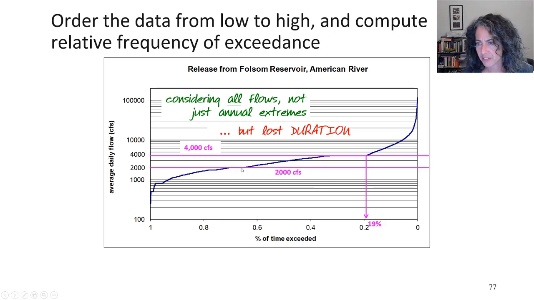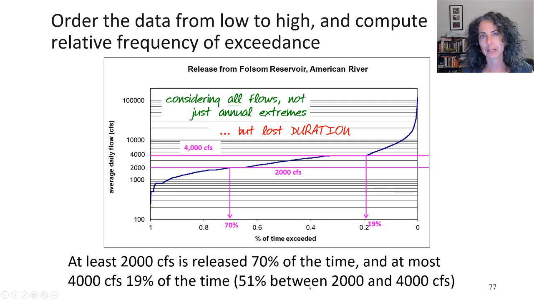Here's 2,000 CFS, and if we want to look at how often flow was equal to or greater than 4,000 CFS, we're going to come to the other side of the flat spot and get 70% of the time. Right, so then, therefore, the amount of time flow is between 2,000 and 4,000 is 70 minus 19%, which is 51% of the time. Right, so half the time flow will be within the range that releases can be used to generate hydropower.